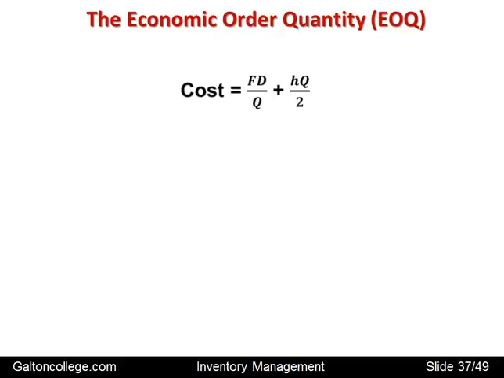So now let's rewrite that. Now we want to find out what the economic order quantity is. We want to minimize the cost with respect to the order quantity. Now, for those of you who have not done calculus, the following bits will look mystifying. Don't get worried.